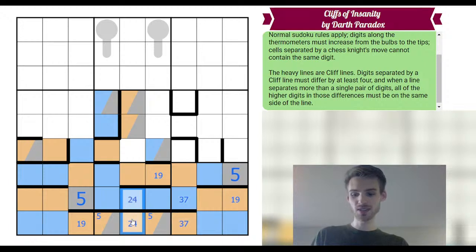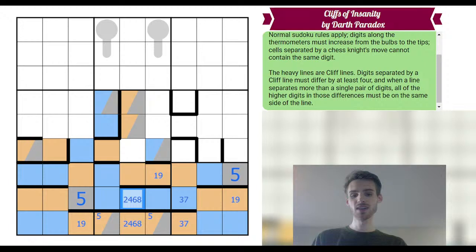So this is a 2, 4, 6, 8. And if that was a 4, 6, think about it. If that's a 4, then we have to put 8 and 9 around it, because those are the only digits which are 4 away from 4, but the 9 would already be taken.